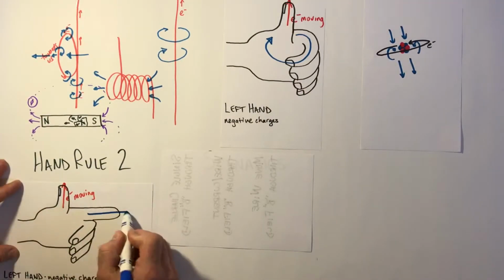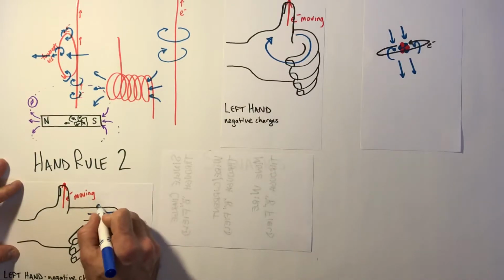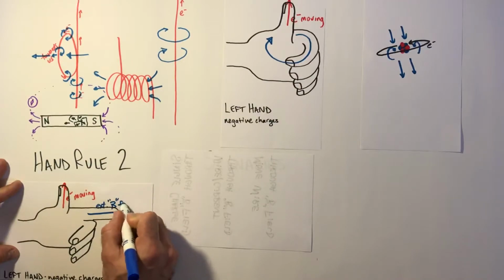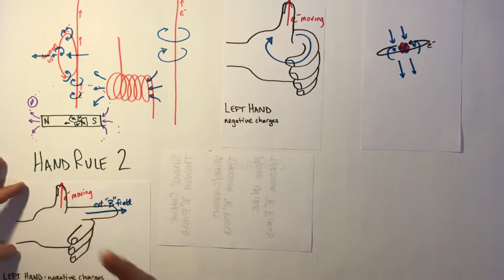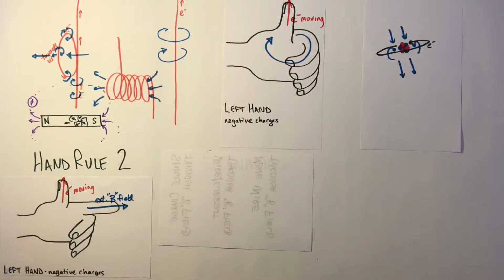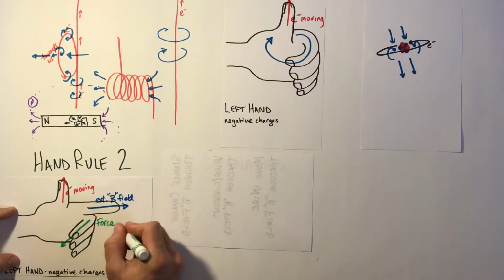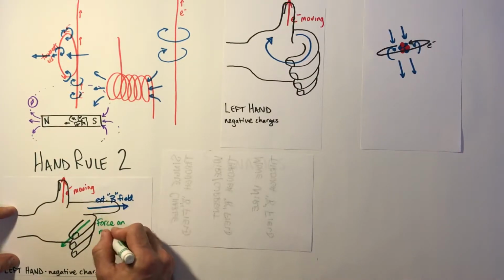The index finger is the direction of the external magnetic field. Why magnetic fields are B, who knows? It's one of those physics things that just drives us crazy. The three fingers are the key here. The three fingers point in the direction of the force on the moving charge.